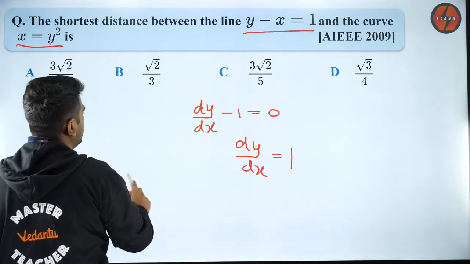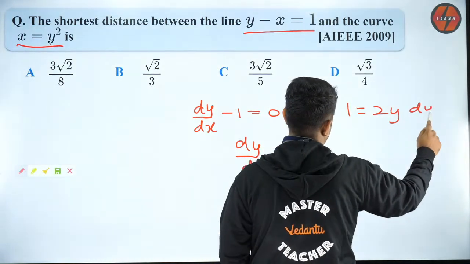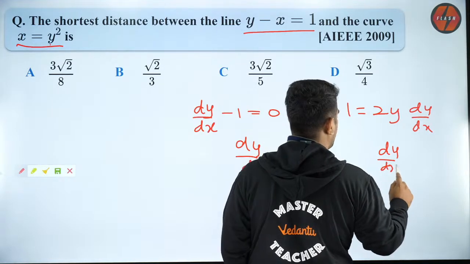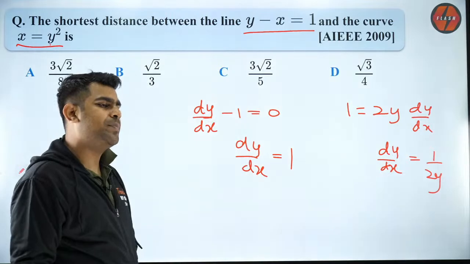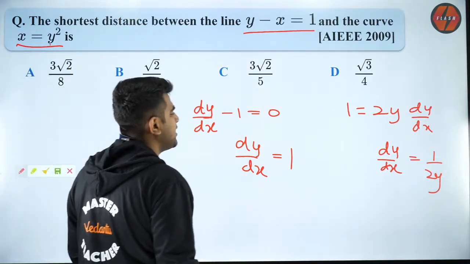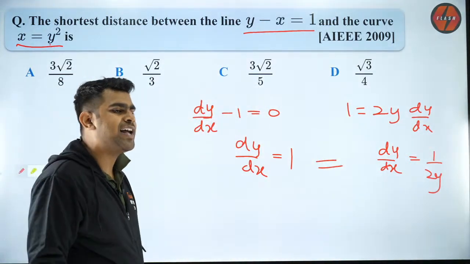And for the second curve, what is the slope of tangent? So the slope of tangent is equal to 1 by 2y. Now I told you for shortest distance, these two should be equal. Both the tangents must be parallel.